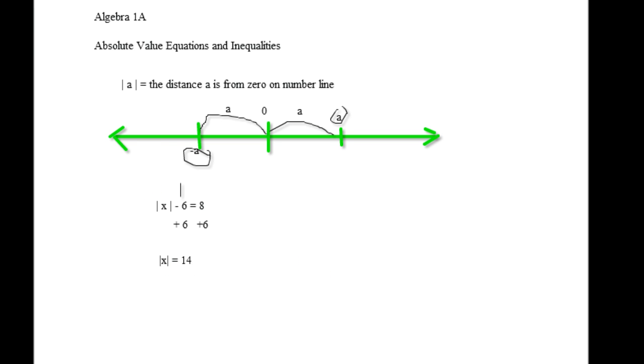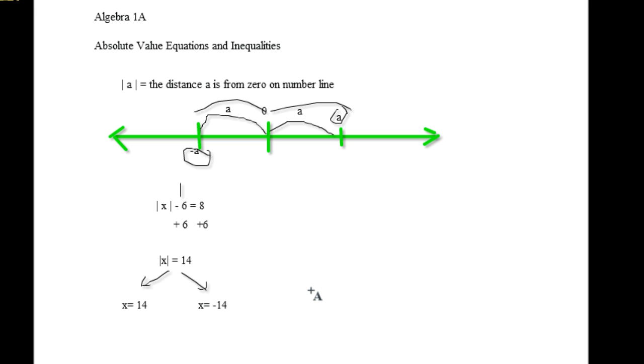Okay, the second thing you're going to do is you're going to go, okay, I know there's going to be two sides to this. There's going to be one that's positive and one that's negative. Because why? Because we're flipping about the 0 on the real number line. So x could be 14, x could be negative 14.